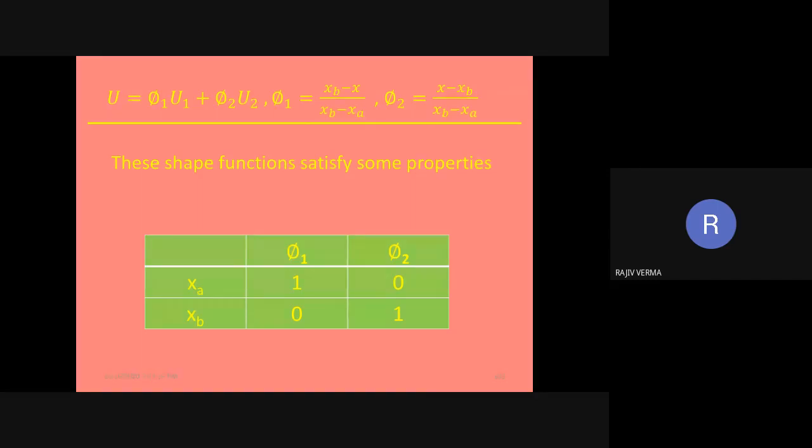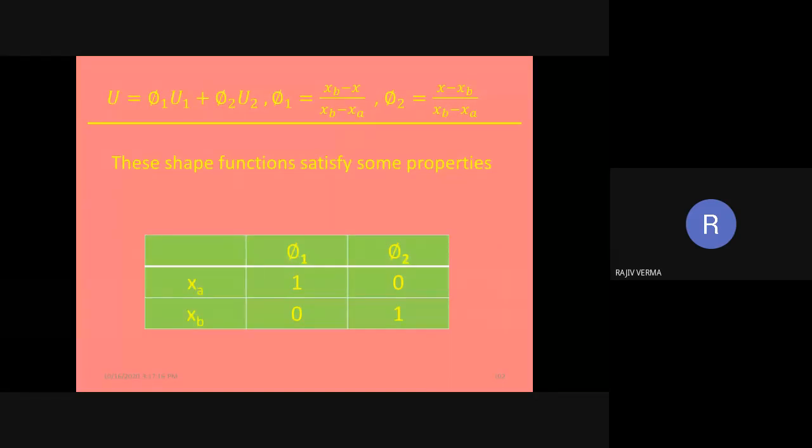Phi1, that is the first shape function, has a value of 1 at node 1, for x equal to xa. This you can substitute in the expression of phi1, which is written on the top. If we substitute xa in place of x, the numerator and the denominator become same, and therefore phi1 is 1 at x = xa.